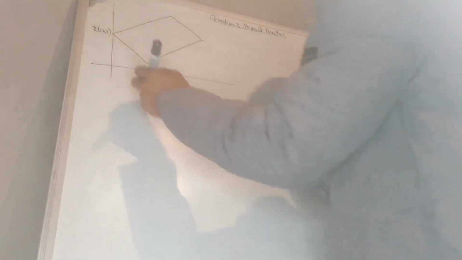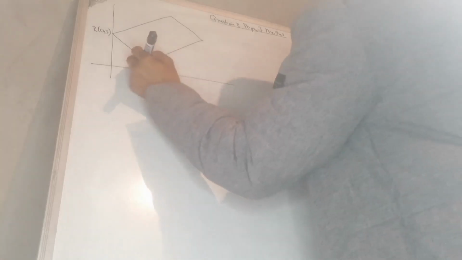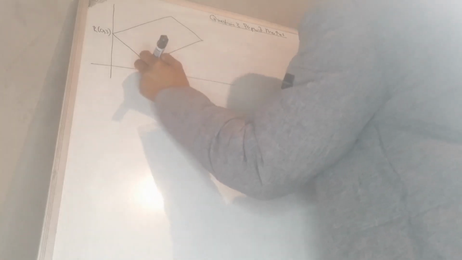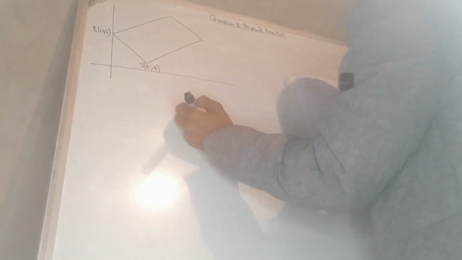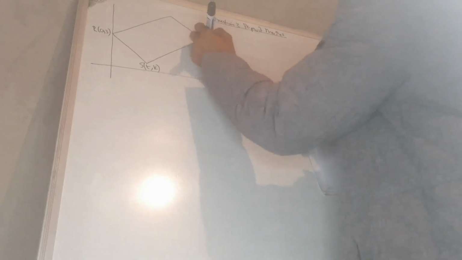We have R (0, 3), S (t, k), P (7, 4), and Q (6, 6).